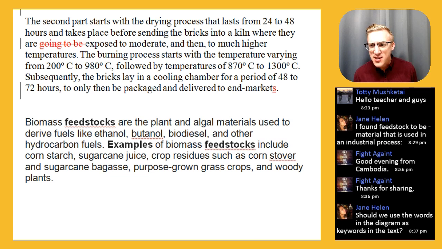Let's see. The other one I saw is crude oil, okay, which is used to produce industrial chemicals and fuels. Lumber. Okay, maybe you're okay. Well, no, that's what raw material means. Look at one more example.